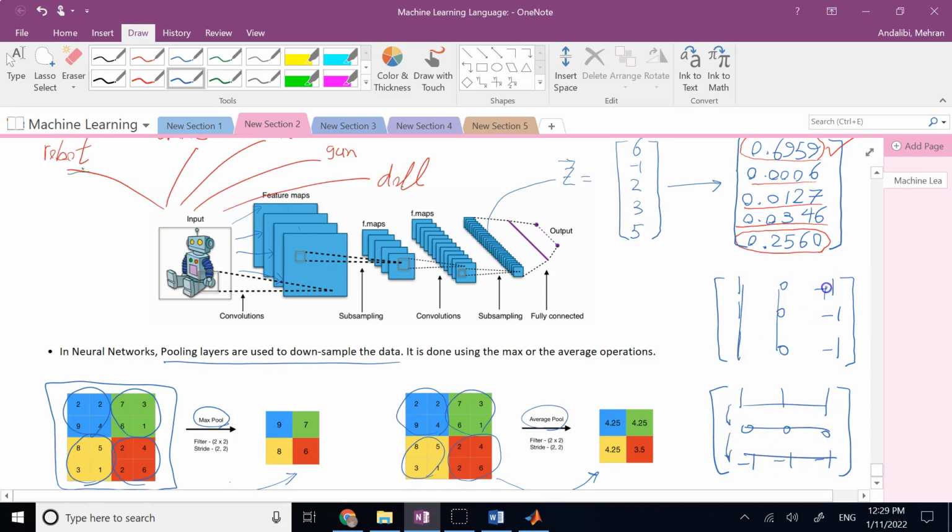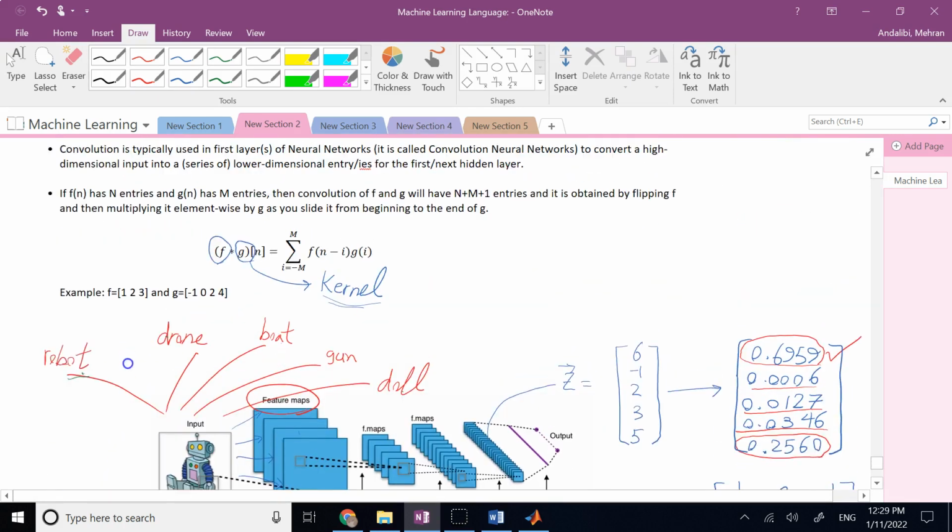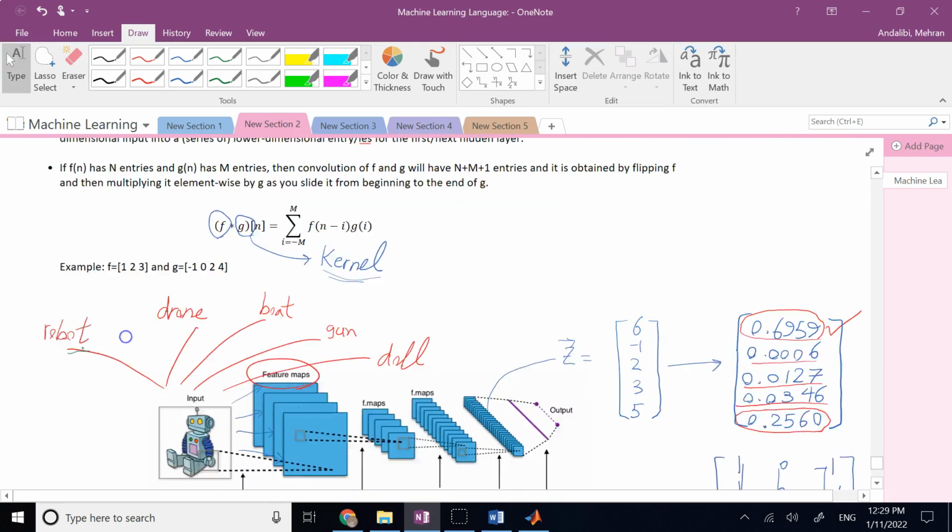Here you see vertical. So depending on what kernel you use, you can detect different features. That's why we say feature map. We detect different features out of the image, different edges, different corners, and so on. And the good thing is it's a linear operation that you can do between the two images. You can consider it as a matrix operation.